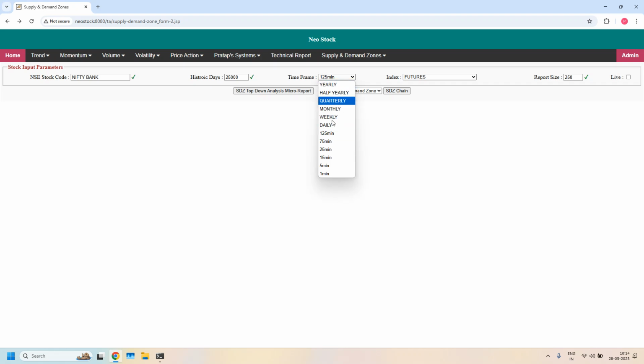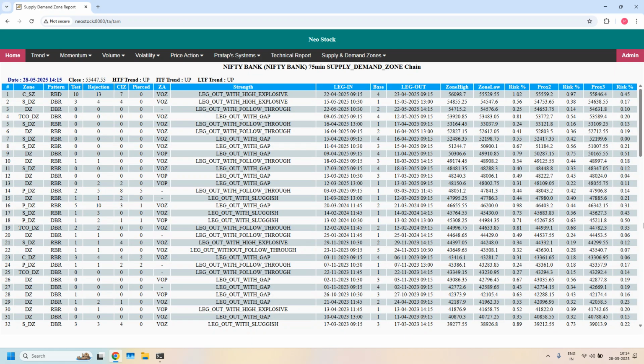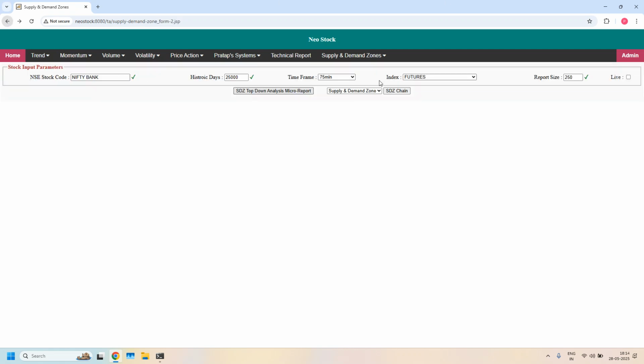Next, 75 minutes supply demand zone chain for Bank Nifty. Next, 25 minutes supply demand zone chain for Bank Nifty.